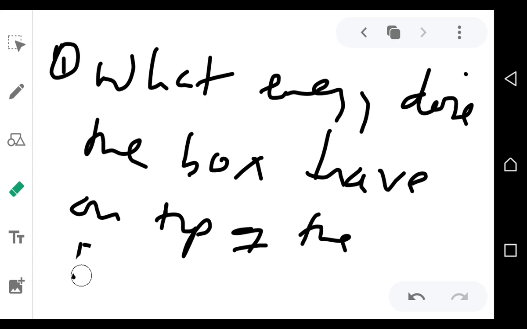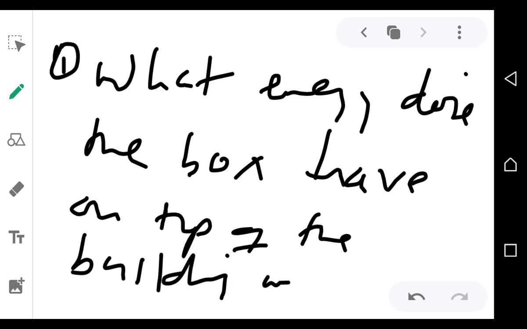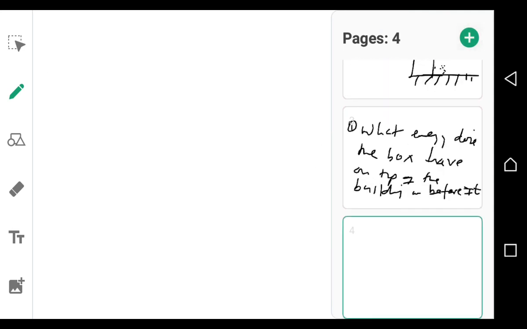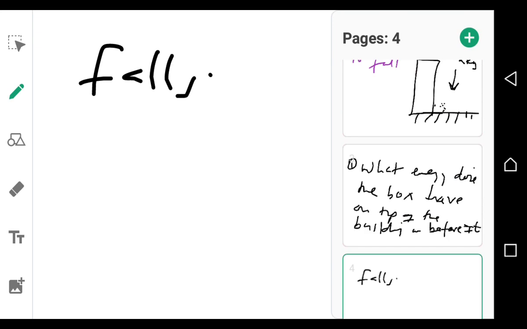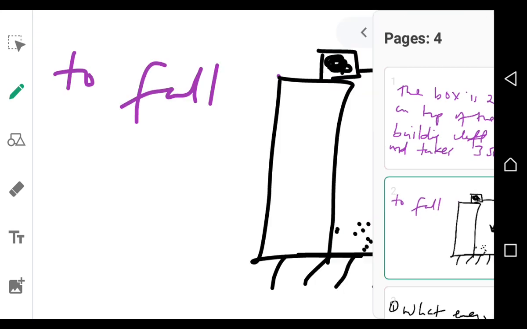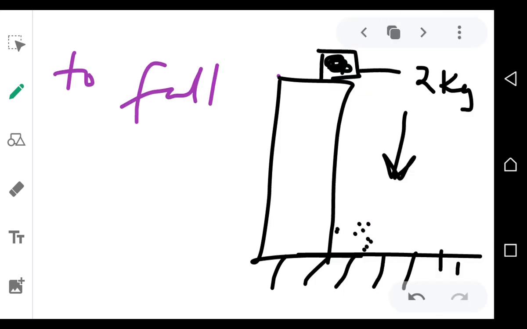What energy does this box contain here at the top before it falls? What energy does it contain?